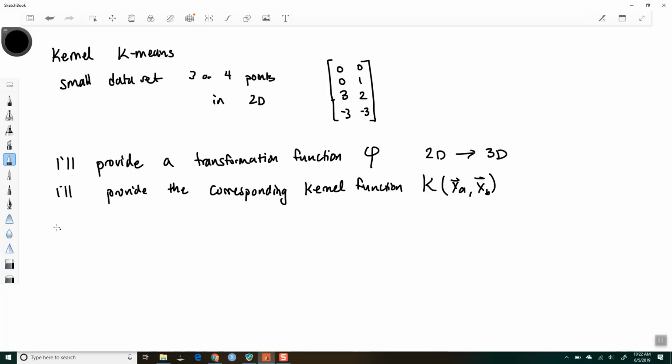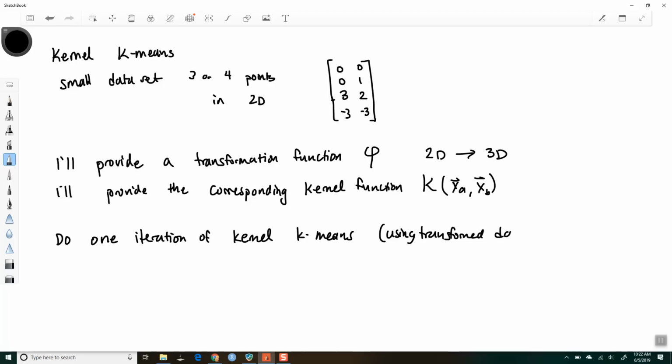And then you'll probably do one iteration of kernel k-means, which, probably just using the transformed data. So that will be, take your 2D data, transform to 3D.